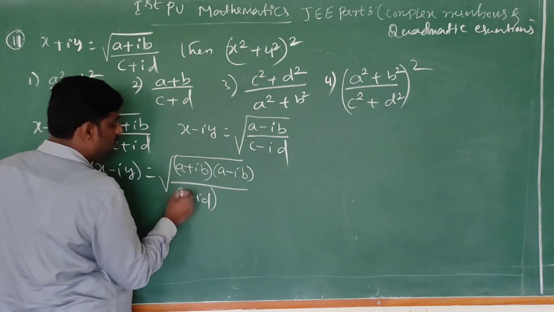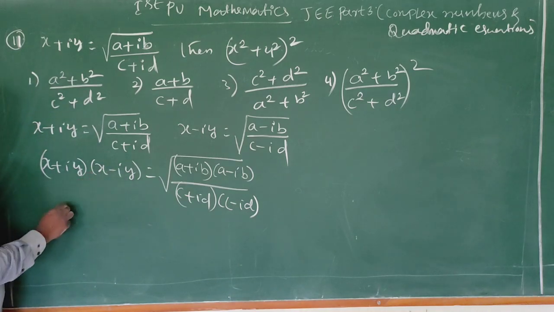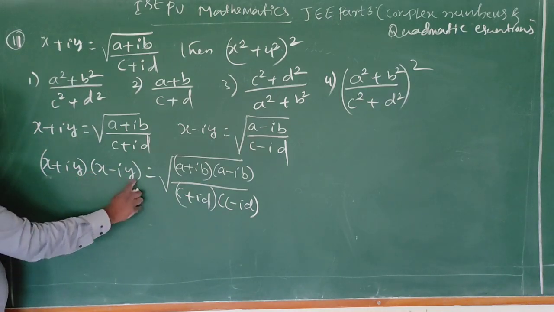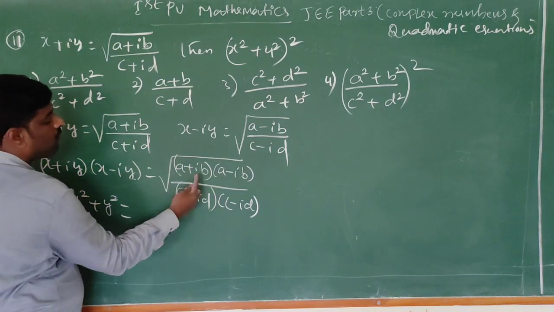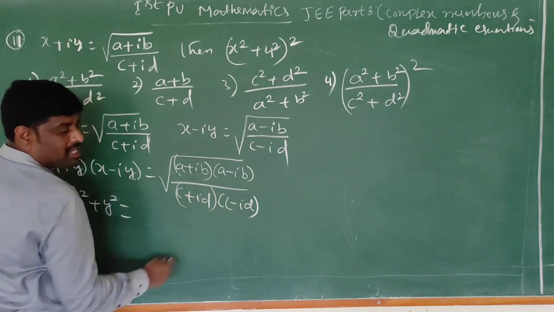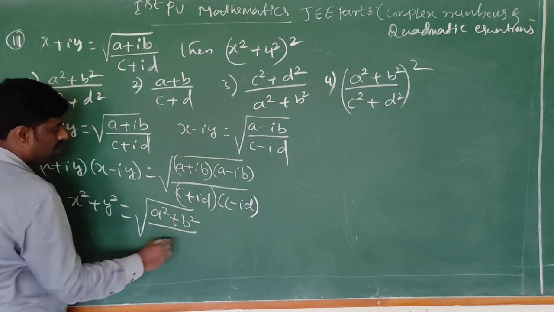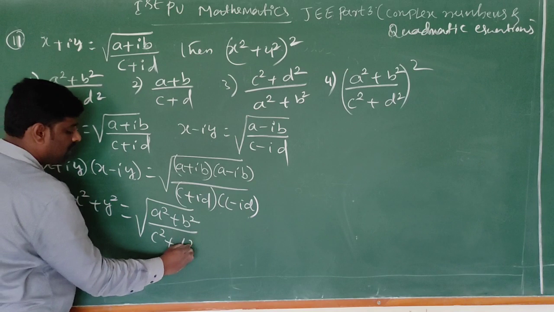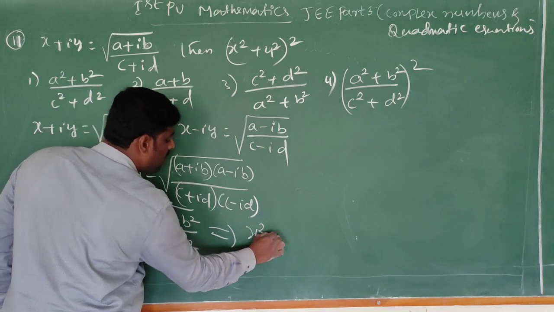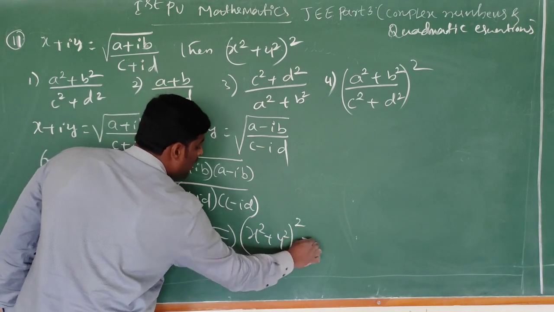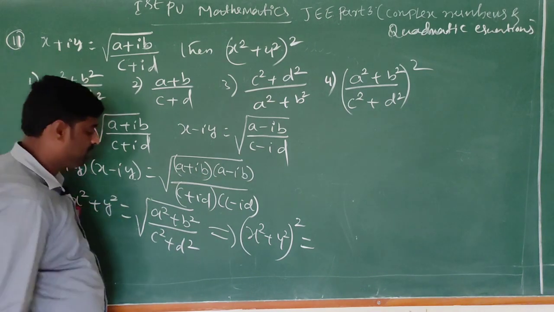X plus iy into x minus iy is what? It is of the form a plus b into a minus b. X square plus y square equals square root of a square plus b square divided by c square plus d square. Squaring on both sides, x square plus y square whole square equals, squaring on both sides, this square root will be cancelled.